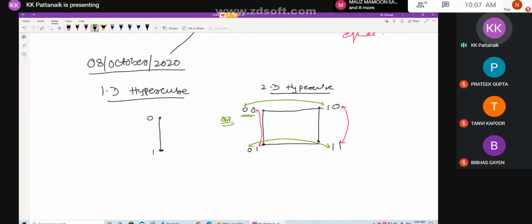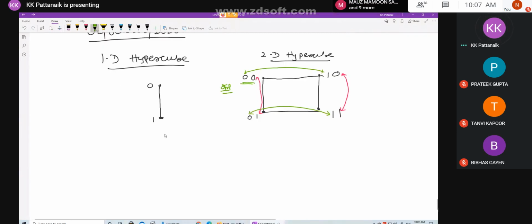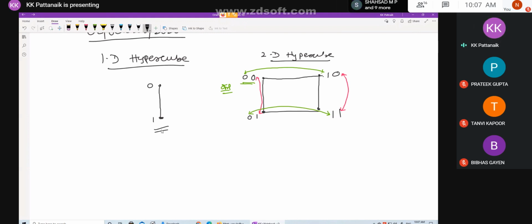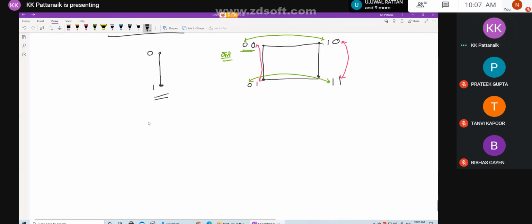Okay. Now let us see the three-dimensional hypercube. We will construct it by using this, in 3 dimensions. So this is what we did for two dimensions. So how will it look? We have two-dimensional hypercubes now.